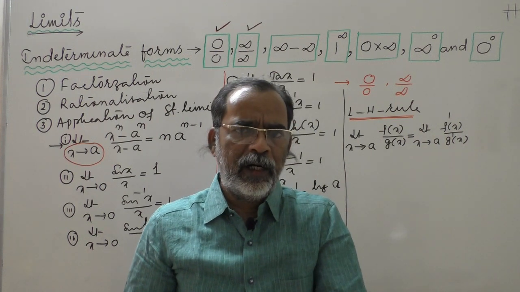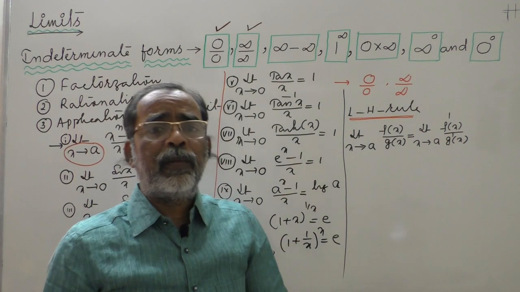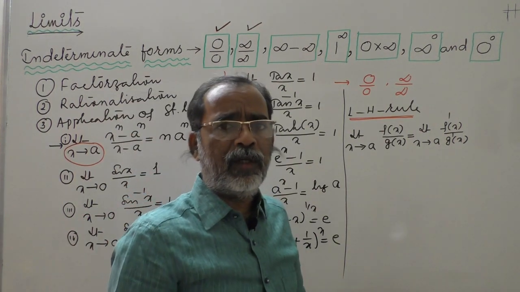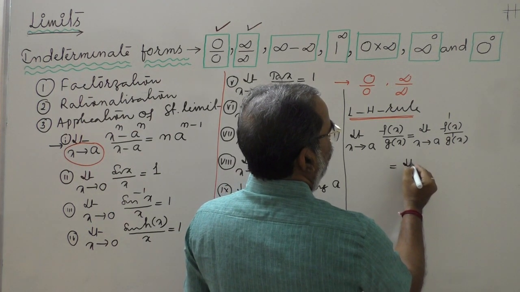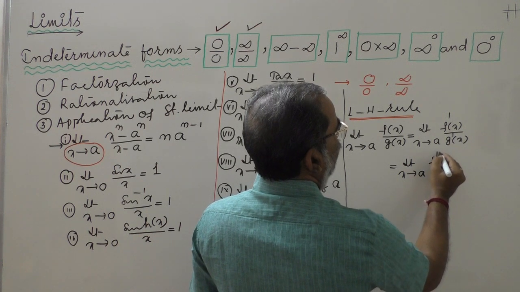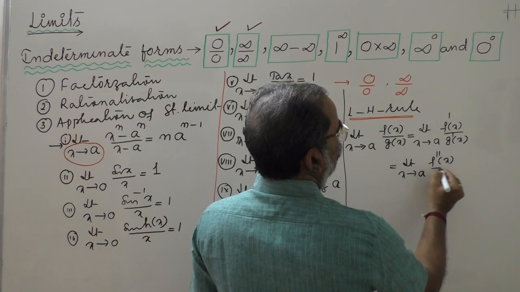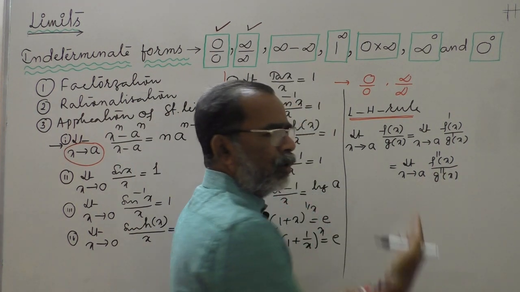If you are getting a determined value, okay. If still it is indeterminate, still it is 0 by 0 or infinity by infinity, once again you can apply the rule. Limit x tends to a, differentiating a second time. Then you substitute the limit.